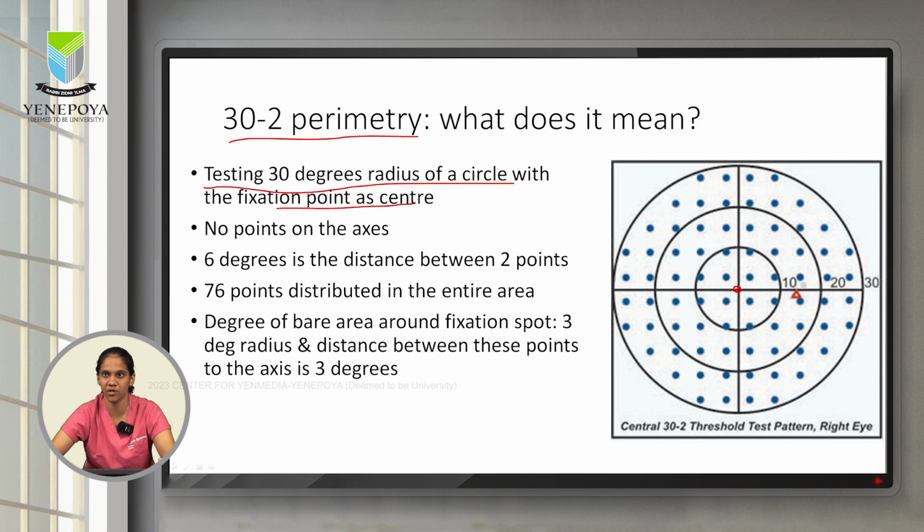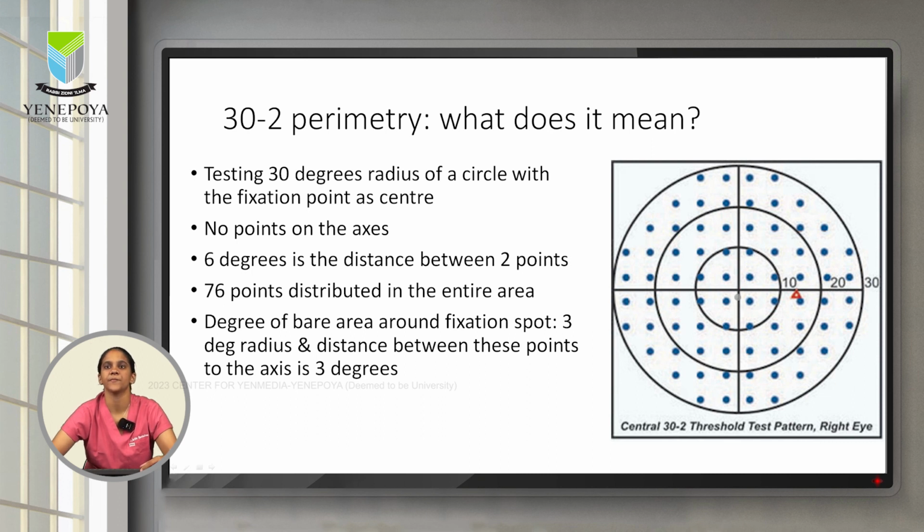Okay, so what is this point right here? Yeah, so this point is your blind spot. Okay, so this is your fixation area, this is your blind spot. So if this is the fixation area, what will it represent? Any idea? Yes, it will be your fovea, right? Okay, so this is the fovea, this is your blind spot and this is the 30 degrees of the retina with the fixation point at the center.